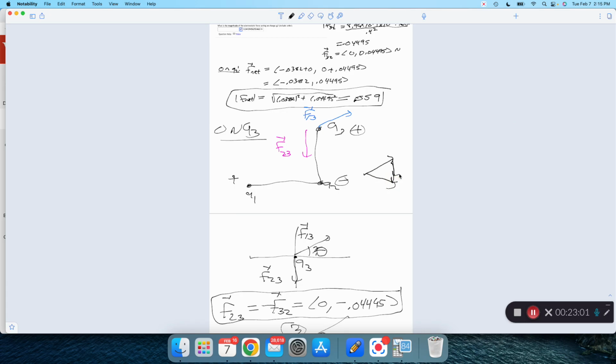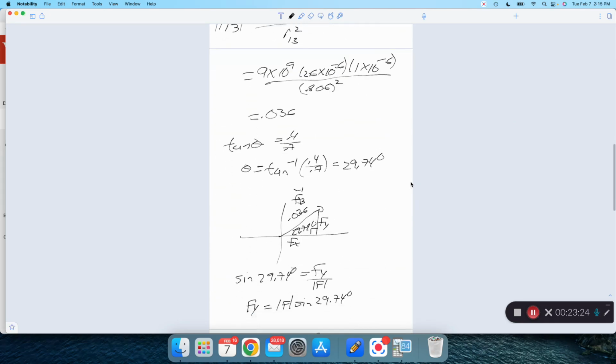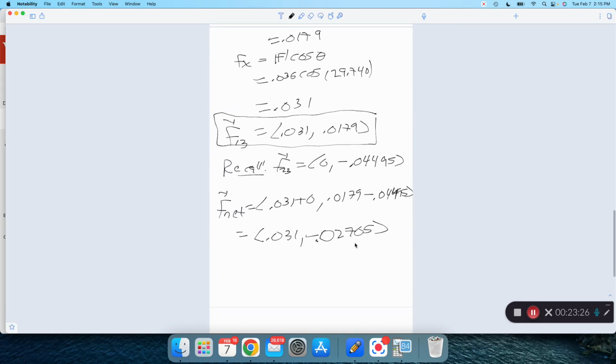It's going to have a positive x and a negative y. So really we're taking this guy over here and moving it under this one. You start at the beginning, end at the end. So my net force is going to point toward the positive x, but the negative y. Which is what I got.